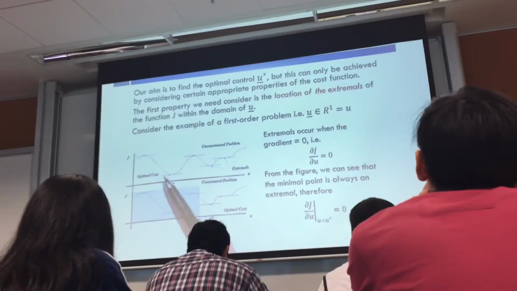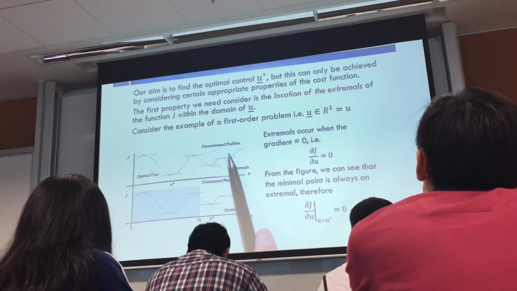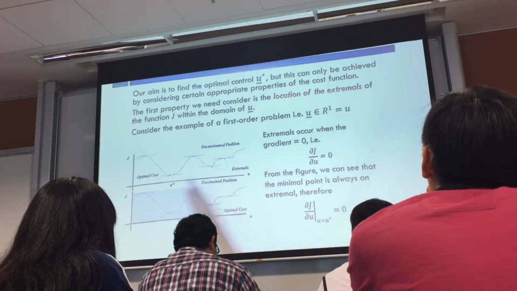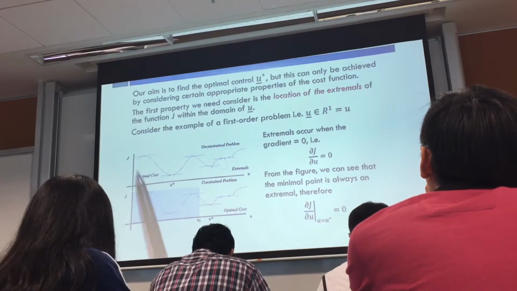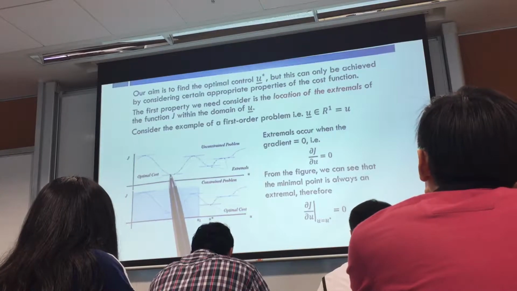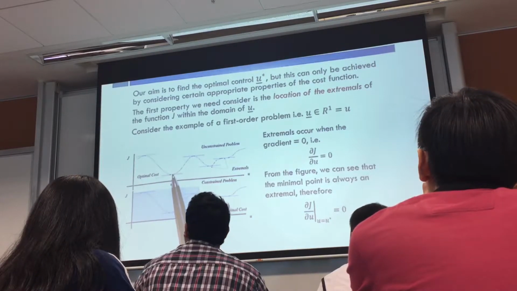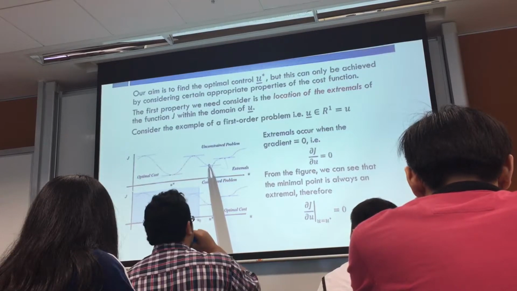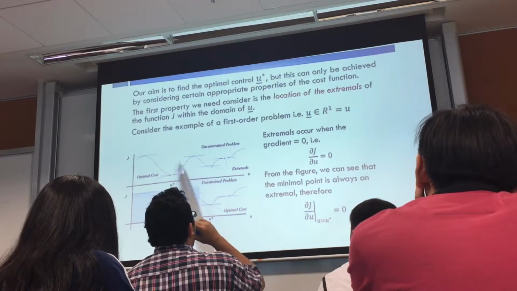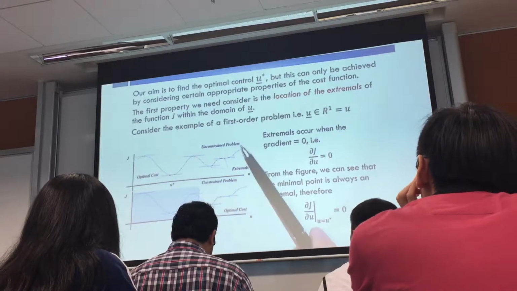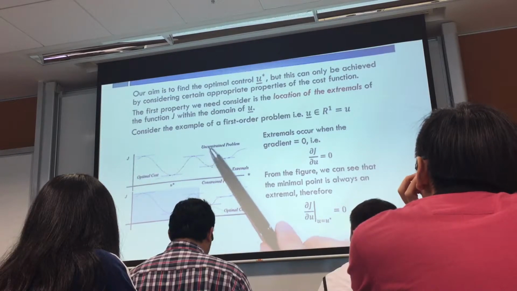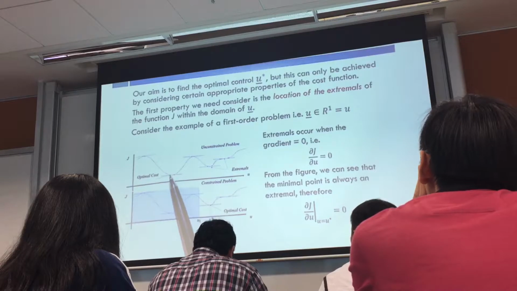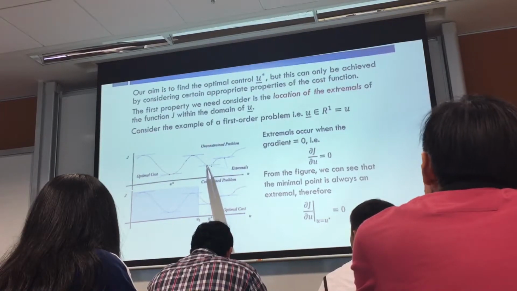In mathematics, we know that in order to find the minimizing solution, in this case this one is a minimizing solution, this one is another minimizing solution. But in the general case, we don't know this function. So we want to find the property of this particular point.